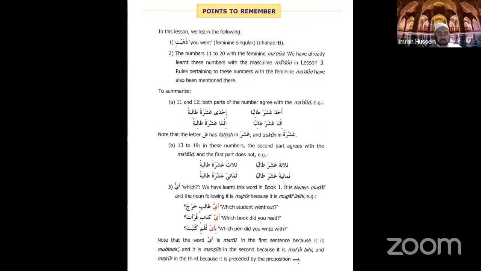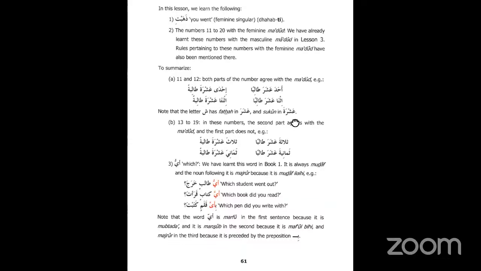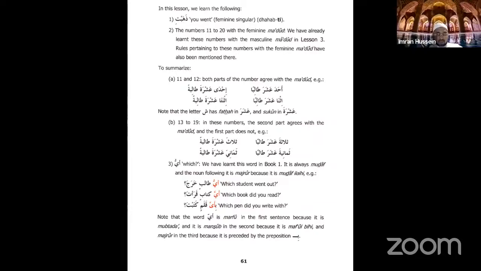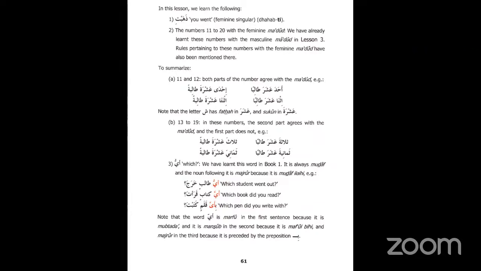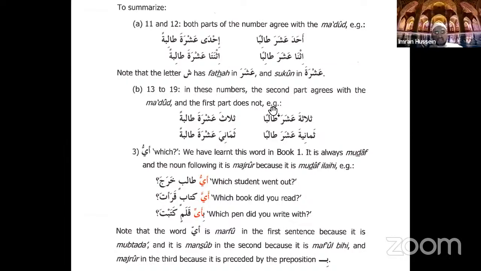Note that the letter sheen has fatha in ashra and sakoon in ashrata. 13 to 19: in these numbers, the second part agrees with the madud and the first part does not. Salasata ashra taliban. So let's read this again.